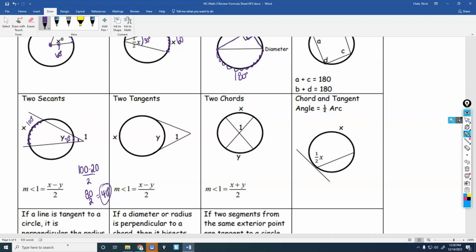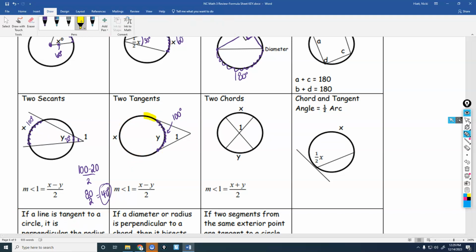All right. For the next one, a lot of times they may only give you one piece. They might tell you that this arc right here is 100 degrees. Now, it's the same rule as the one we just did. You need to do the big arc minus the small arc divided by 2. But they only gave us the little one. How would we find the big arc on this one? 360 minus 100.